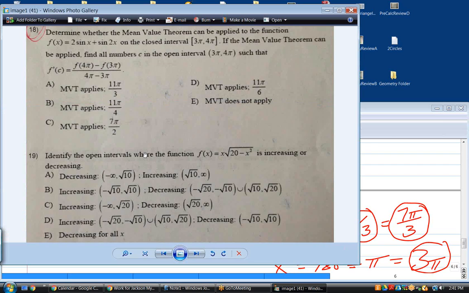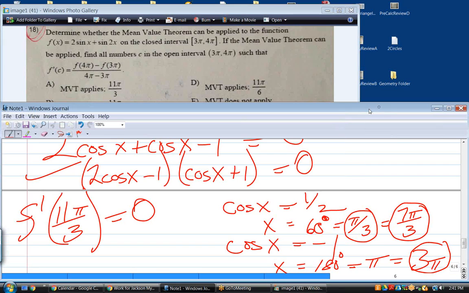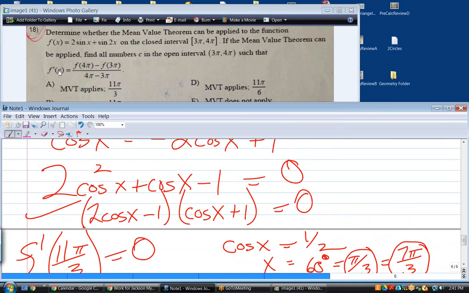It's A. Mean value theorem does apply, and the point is 11 pi over 3. And the easiest way to prove it to yourself is with this equation. In other words, you want f prime evaluated at 11 pi over 3. Is that equal to this expression? Well, we saw that this expression is equal to 0, and I'm telling you that f prime of 11 pi over 3 is also equal to 0.